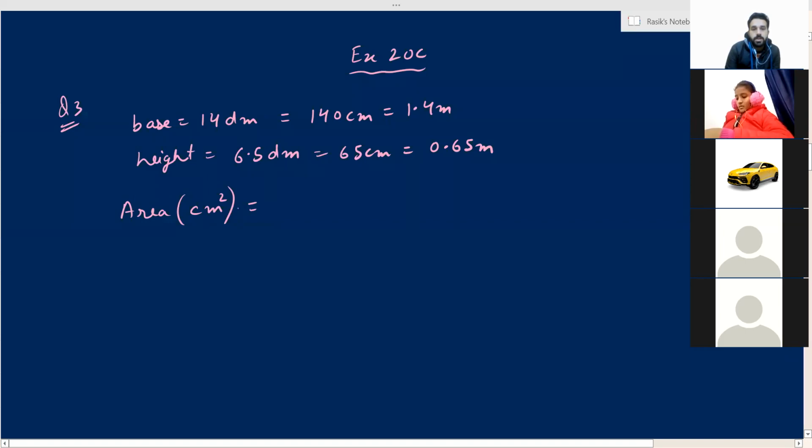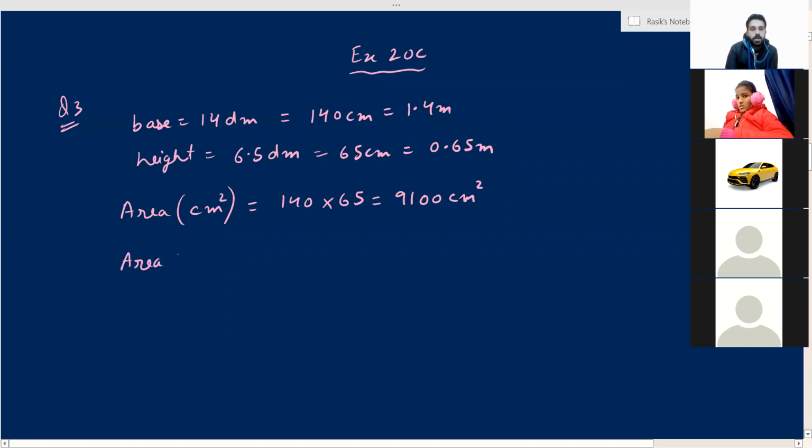Area in centimeter square: 140 into 65. Find the product. 70 into 130 is 9100. Is it correct? My maths is very weak, please check my answer.